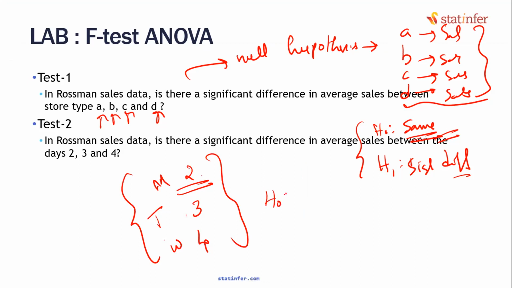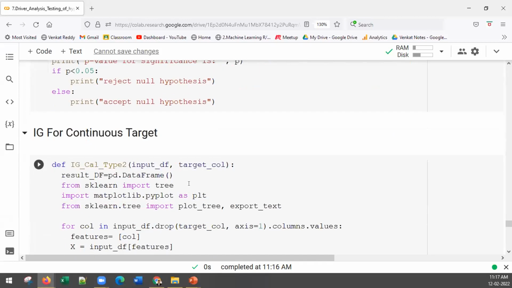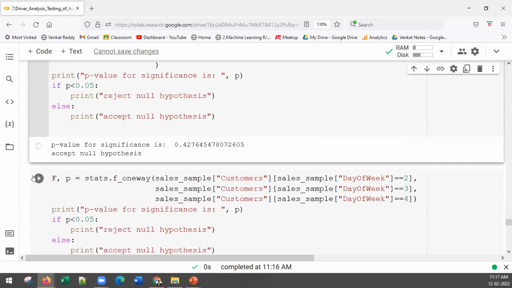Usually what is the null hypothesis? I'm talking about the sales. Null hypothesis, same sales. Monday, Tuesday, Wednesday, doesn't matter. Alternative hypothesis, difference in the sales. Go ahead, do this test and let me know whether the sales is the same or different.